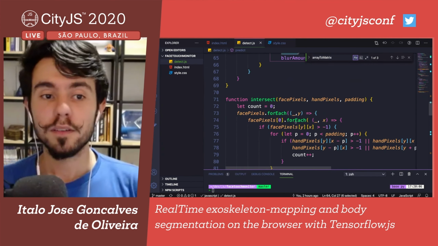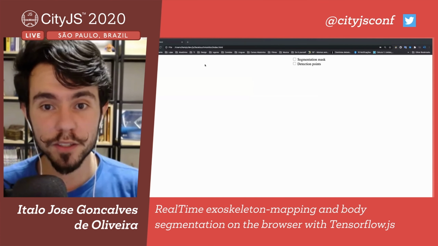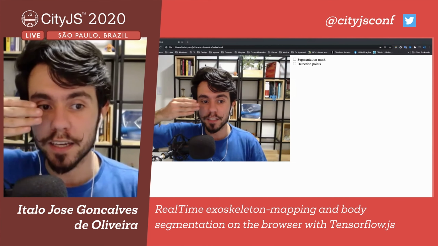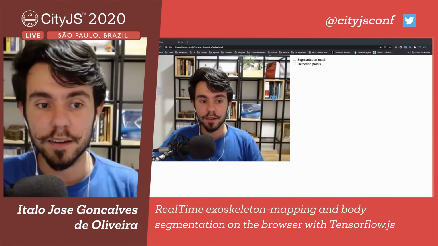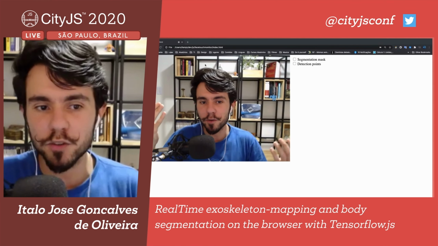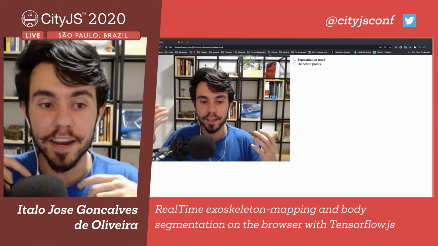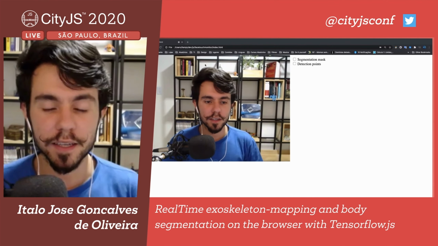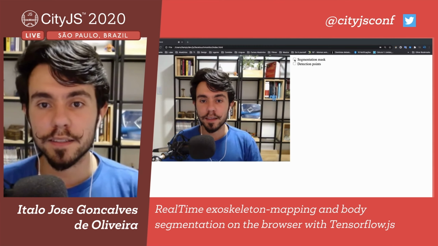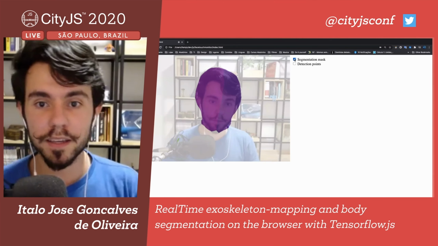In the end, we have this result. I just check if my hand is in front of my face. I can use other information to blur my face, like a QR code or some other input. I can segment my body.